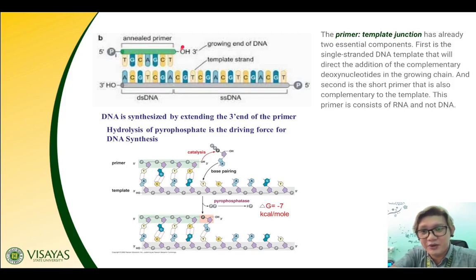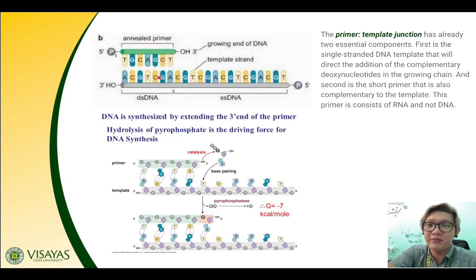Now this primer is not a DNA strand, but an RNA strand. This is important because this will provide the 3' OH end to where the first DNA nucleotide will be attached. Without a primer, the enzyme cannot add the DNA nucleotides in here. That's why, in order to prime the reaction, an RNA primer must be added first.